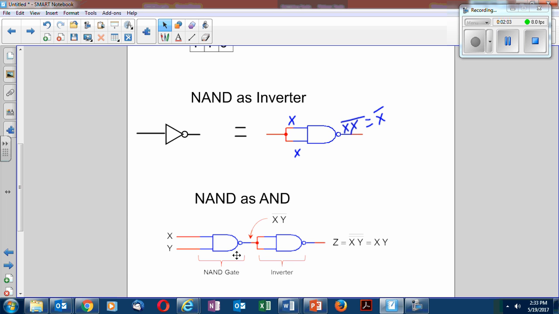So if you have a NAND gate and you put an inverter right after it, you will get the signal of the AND gate. And this is the Boolean algebra proof of this. So I have X, Y not after the AND gate, and then I invert this again. The lines of the same length cancel out, and I have X, Y.